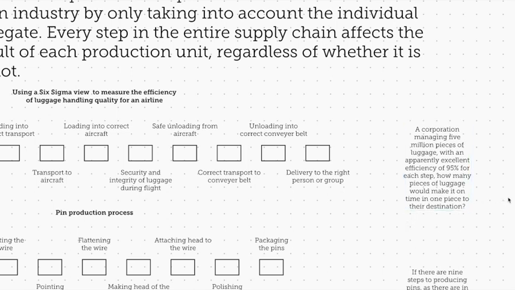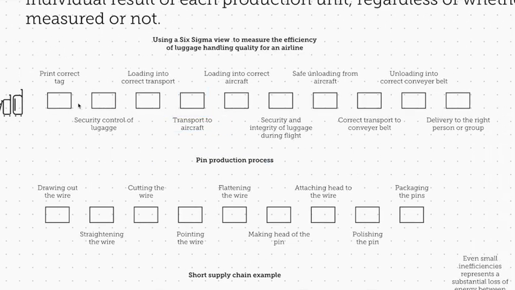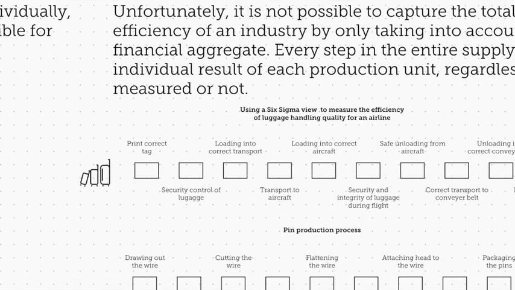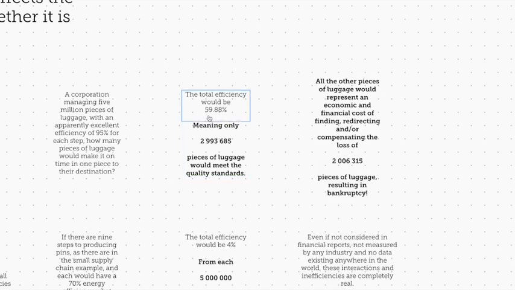So the way to solve this is you multiply for every step the efficiency. So you have essentially 0.95, which is 95% in a decimal, and you multiply that 10 times. So 0.95 to the power of 10, and this gives you the total efficiency of 59.88%.